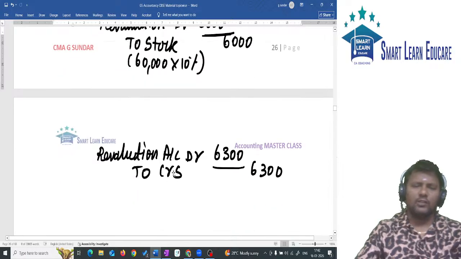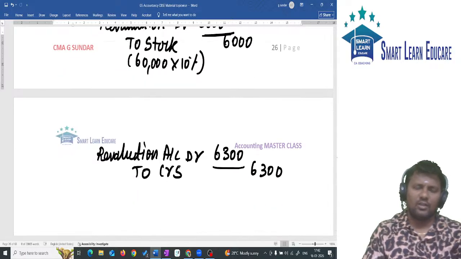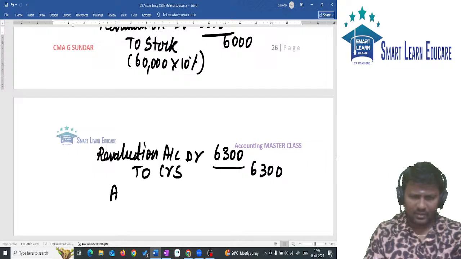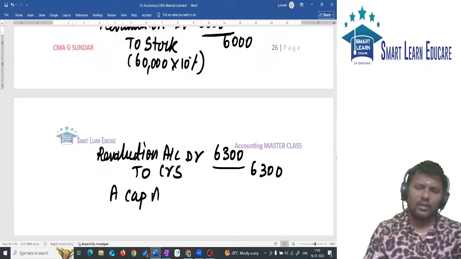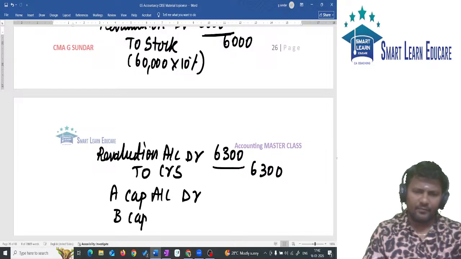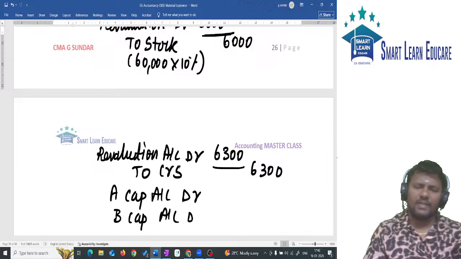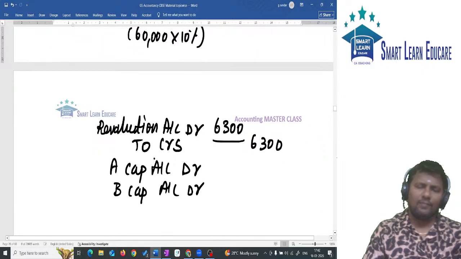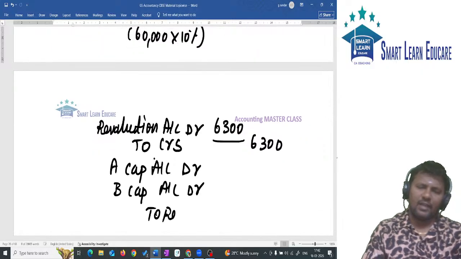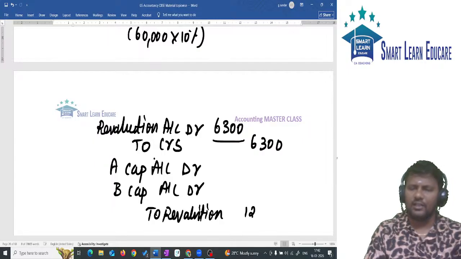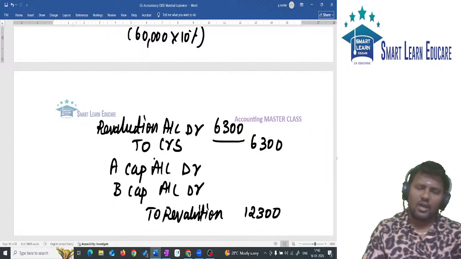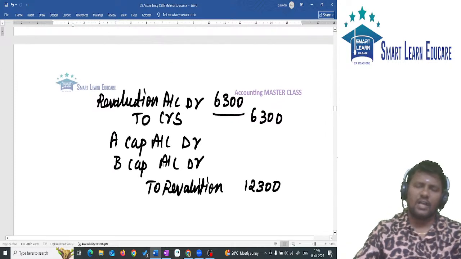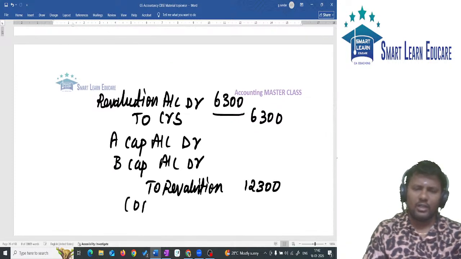So what is the transfer entry for transferring this revaluation loss to partner's capital? A's capital account debit, B's capital account debit to revaluation. Already we have a revaluation balance of 12,300. This 12,300 should be shared in what ratio? Old ratio.